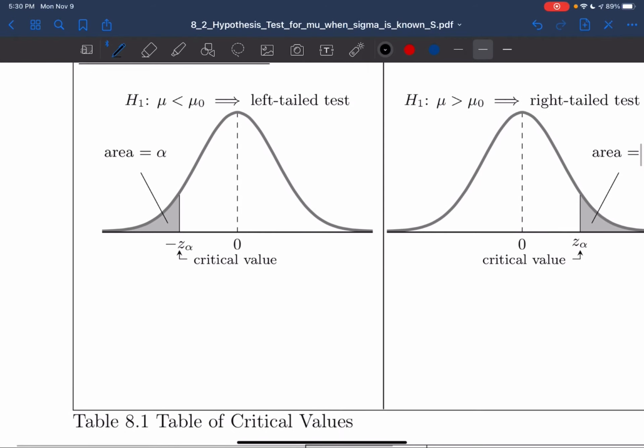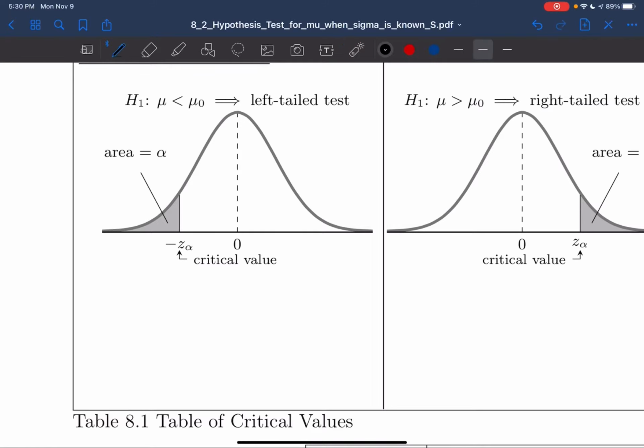A left tail test is when our alternative hypothesis is mu is less than some value mu naught. We have a critical value such that the area to the left of that critical value is the area of our significant level alpha.